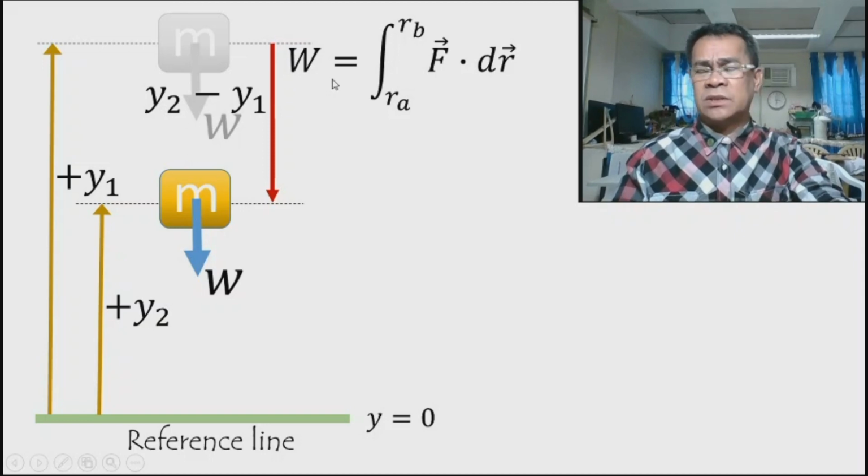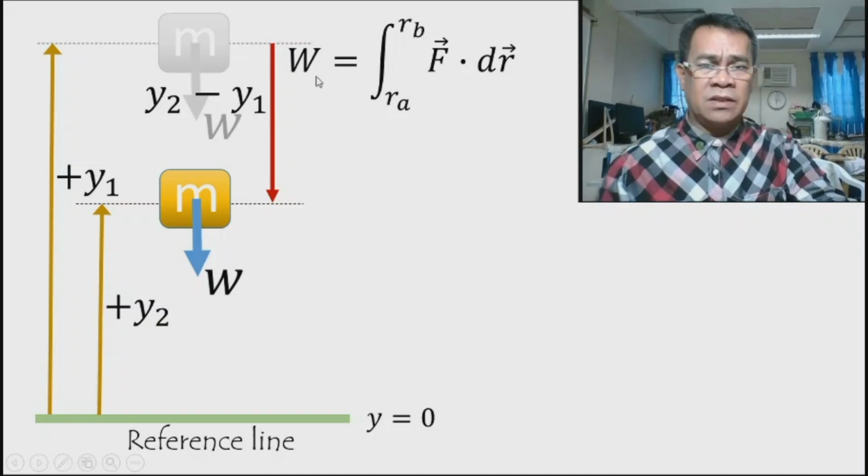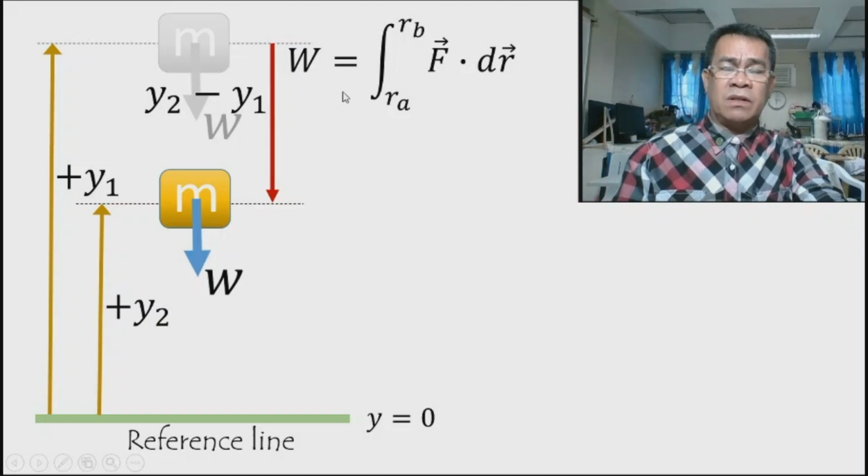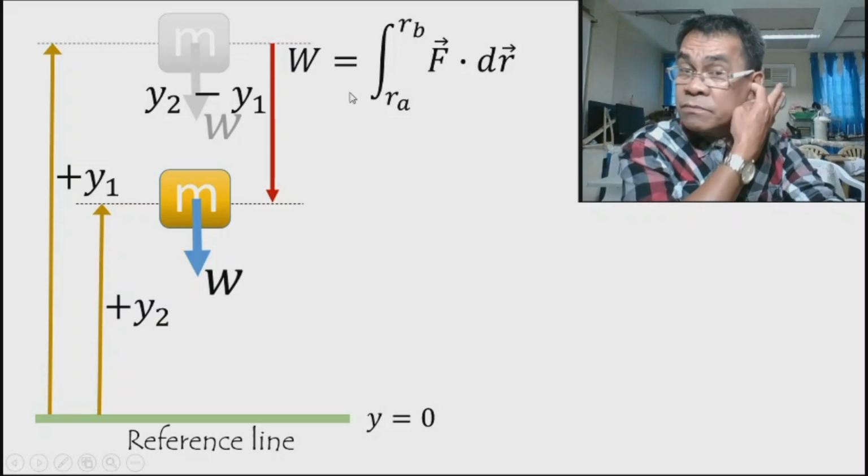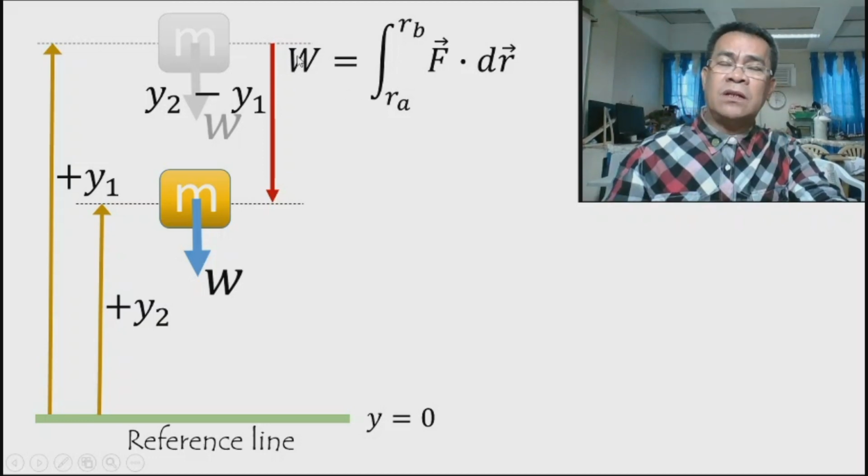So the question now is, how do we compute the work done by gravity in terms of gravitational potential energy? To answer that, we will consider the general formula for the work done: the integral of the force F dot dr, ranging from rA to rB.